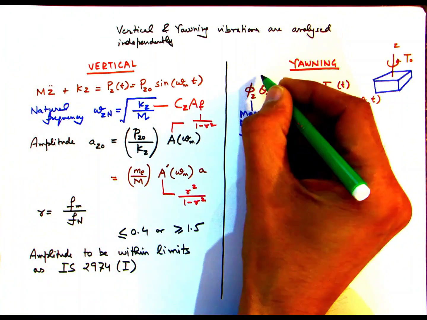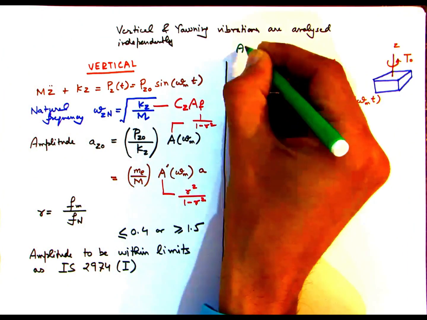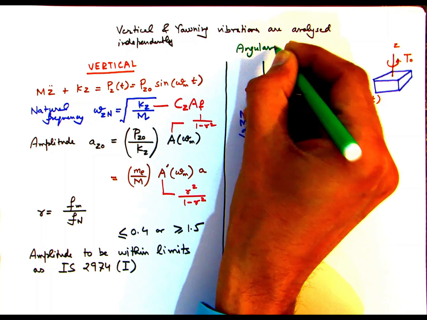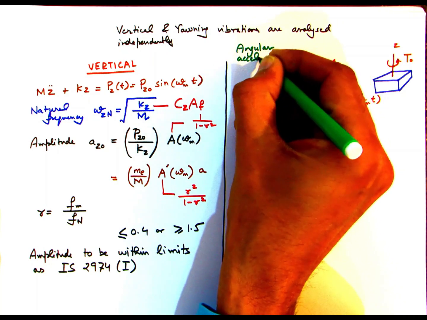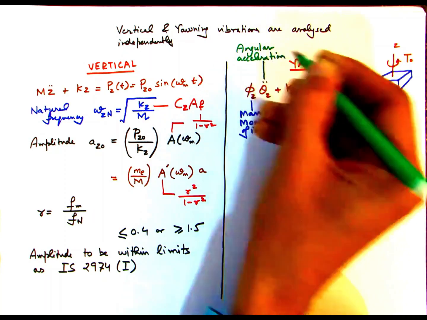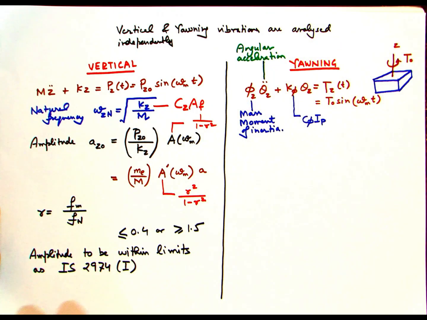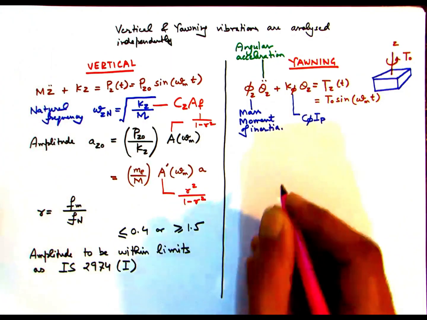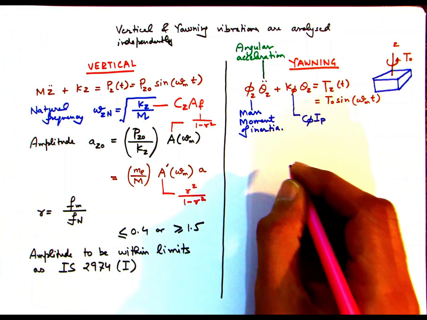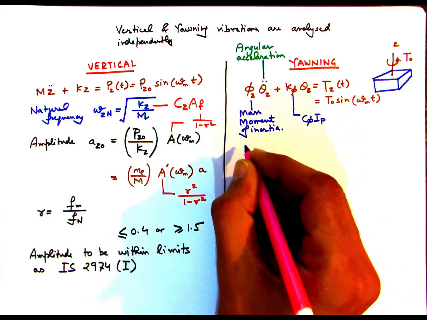So here you can very easily write the expressions for the natural frequency and also the amplitude as in the case of the vertical vibrations. Note that here theta z double dot is the angular acceleration, analogous to the linear acceleration along the z axis.